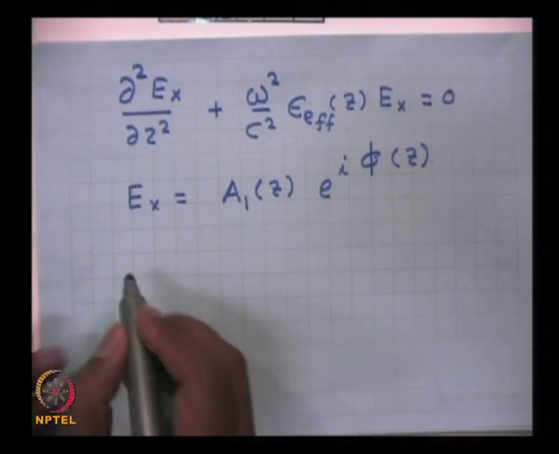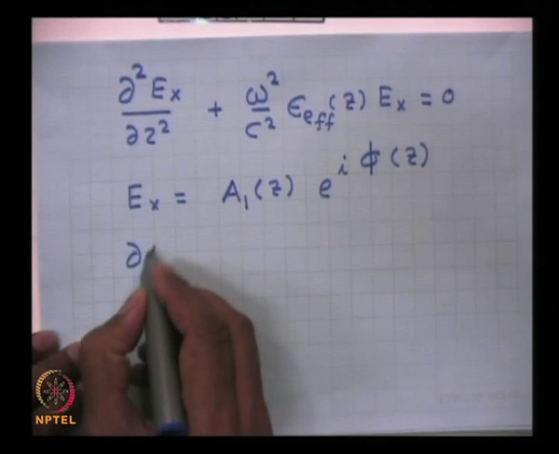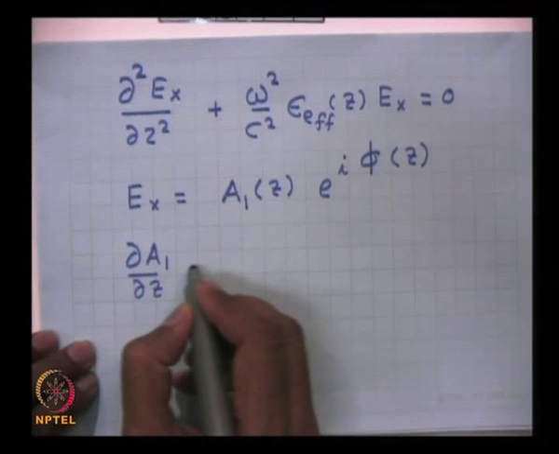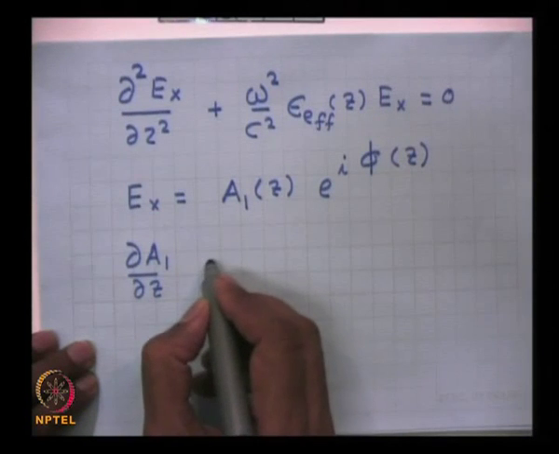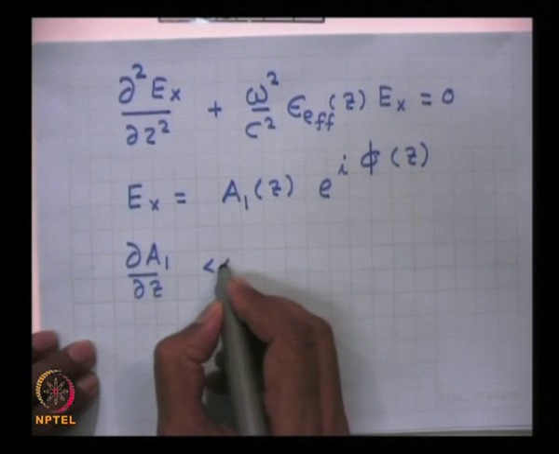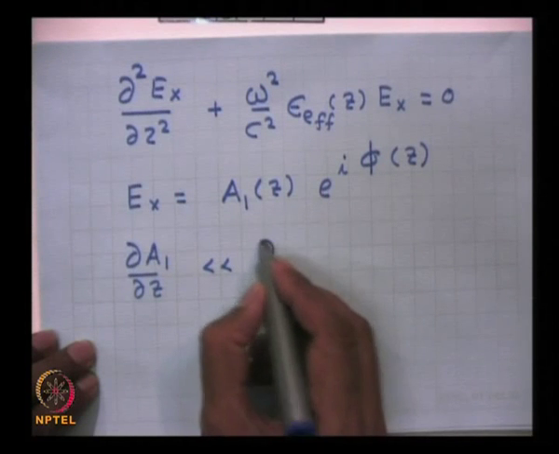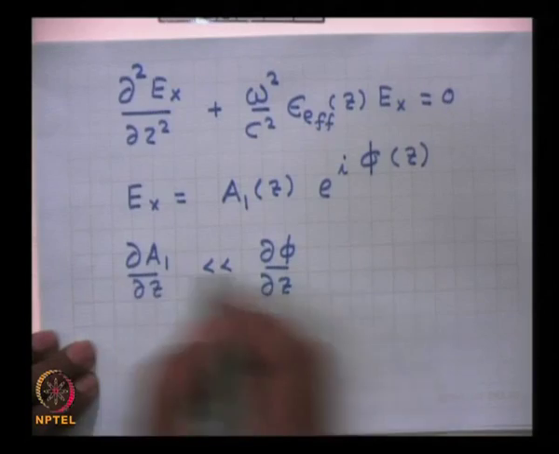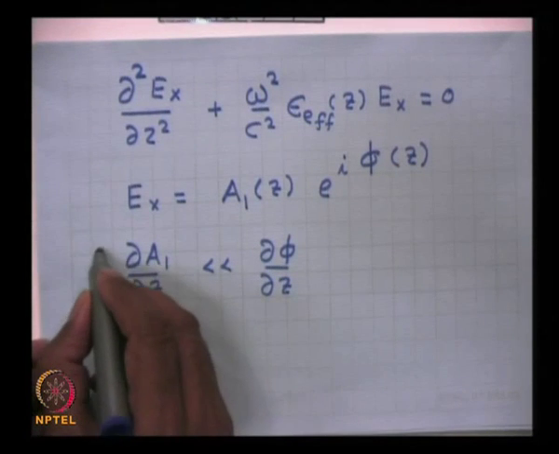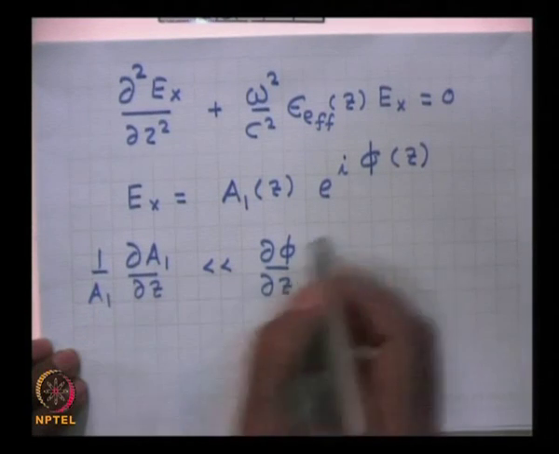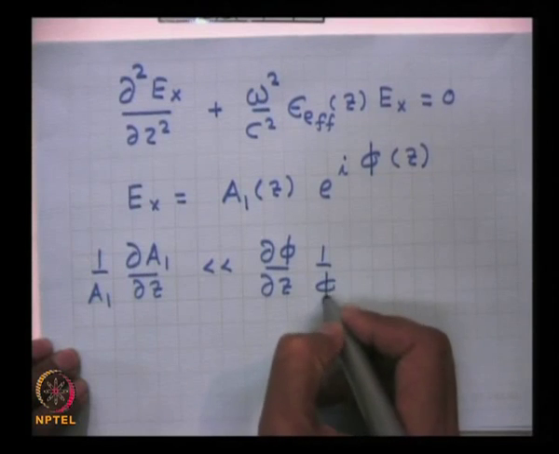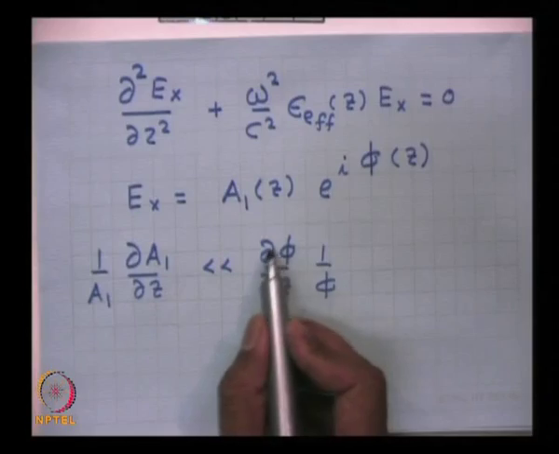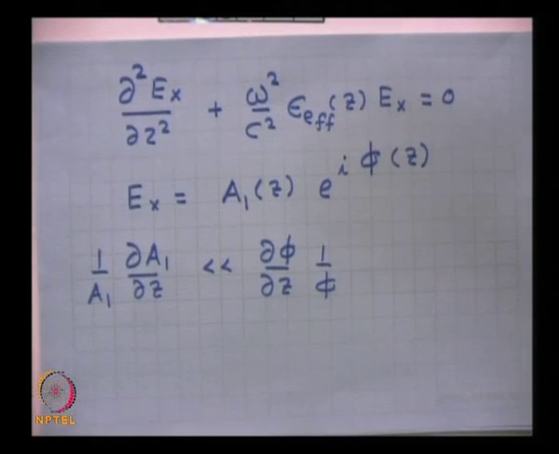So, I am going to assume that ∂A1/∂z is much less than ∂φ/∂z. Actually, I should compare this with something. So, like we call the 1/A1 and this as 1/φ, I will say that this is a much stronger z dependence than this one.